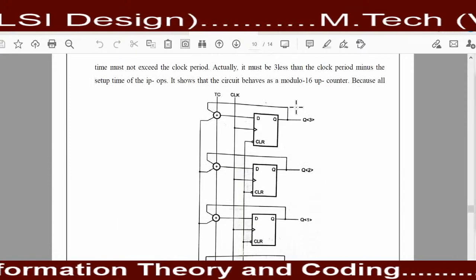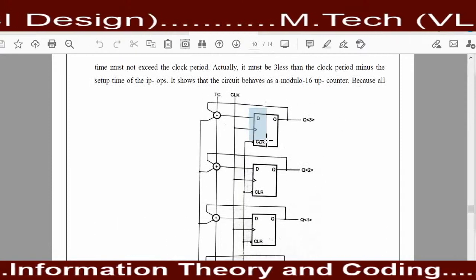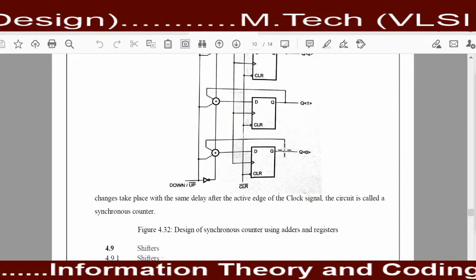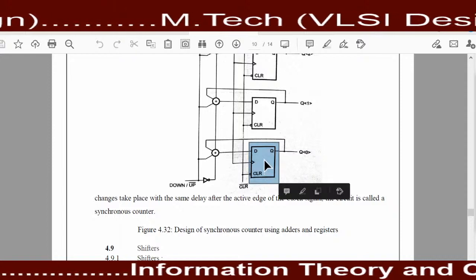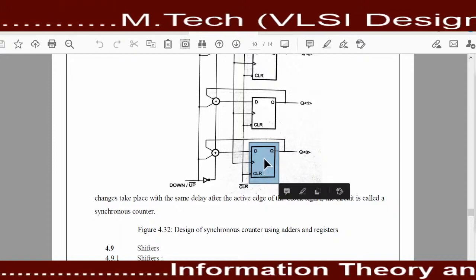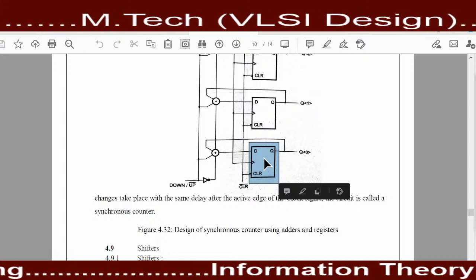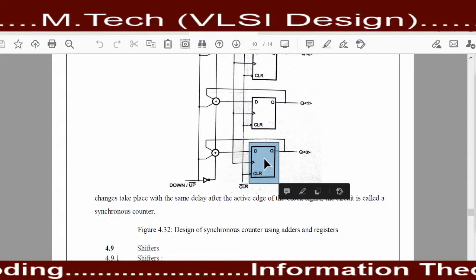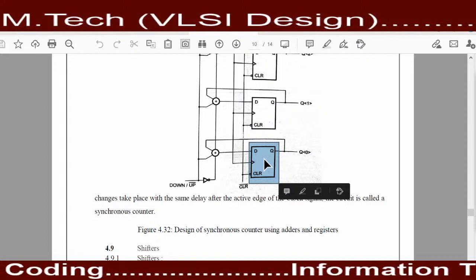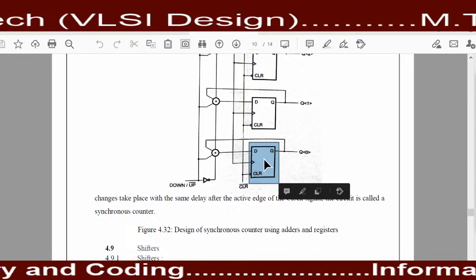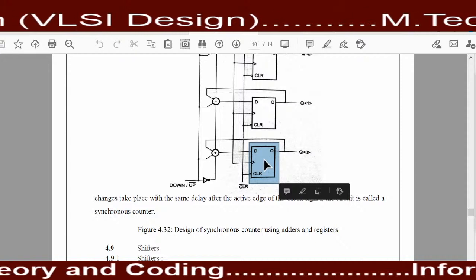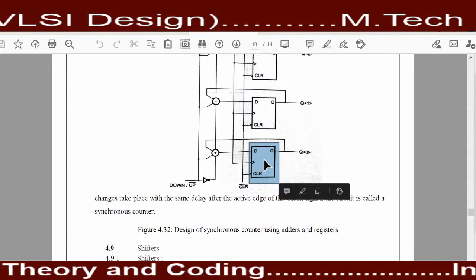Okay, here one diagram of a counter is shown. It is made by using D flip-flops, and we already told you that any counter can be implemented by using any type of flip-flop, but before that, the D flip-flop is to be converted into a T flip-flop. So here we first convert the D flip-flop into a T flip-flop.